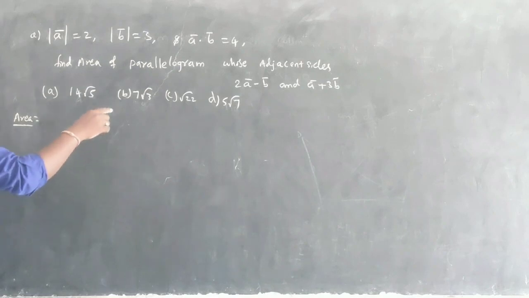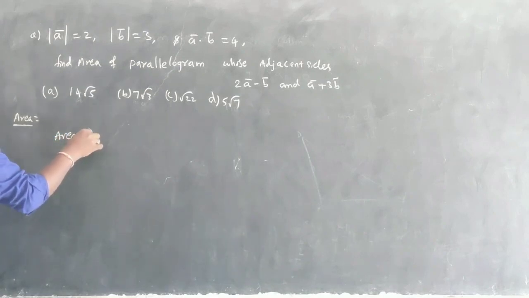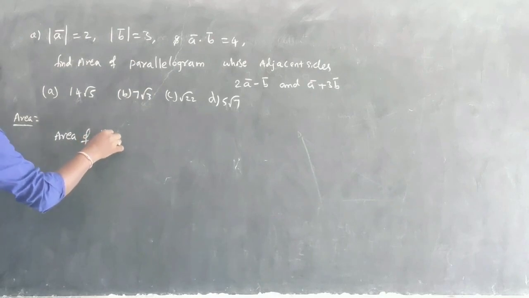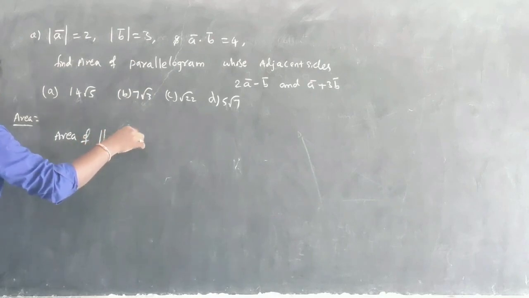Now, what is the formula for the area of a parallelogram when adjacent sides are given?